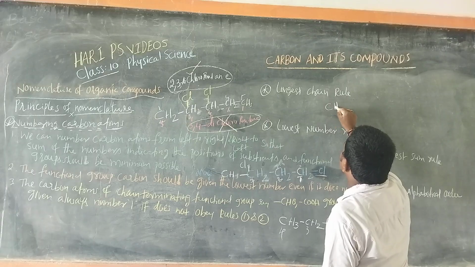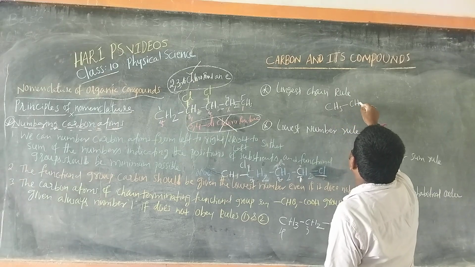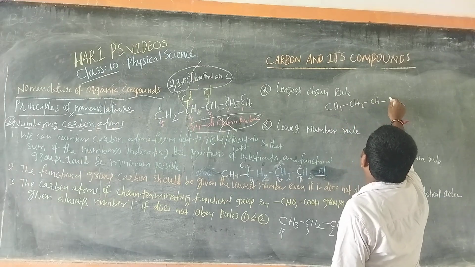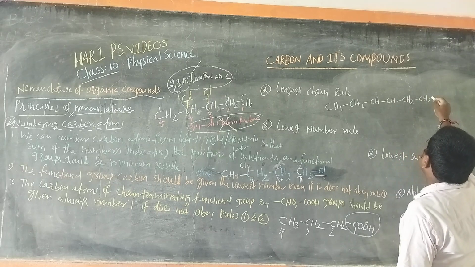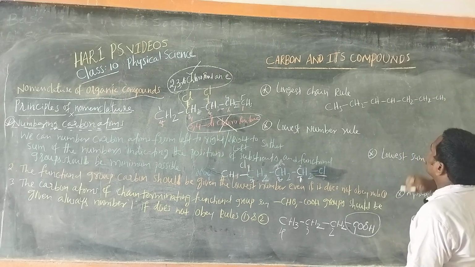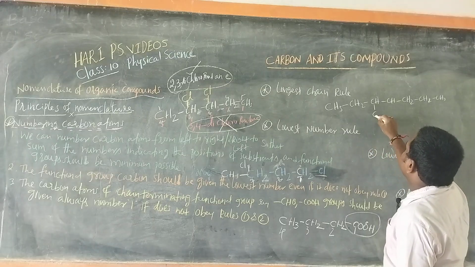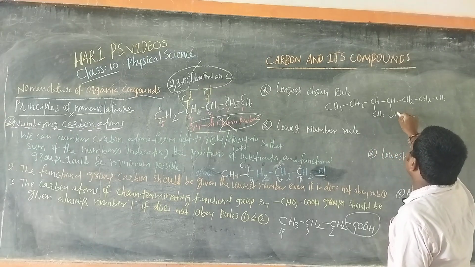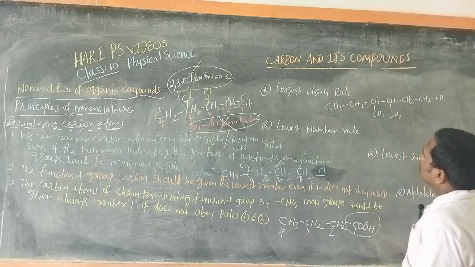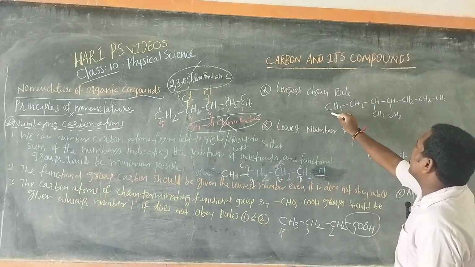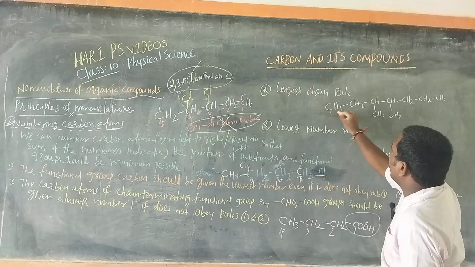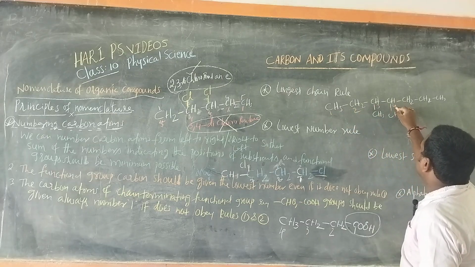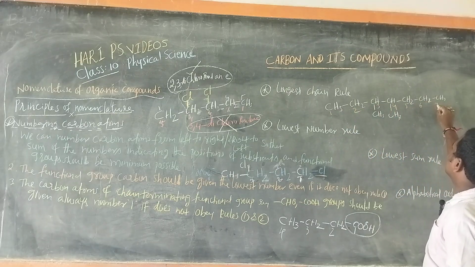So CH3, CH2, CH, CH, CH2, CH2, CH3. Here CH3, CH3. Always select the long chain. Give the numbers like this: 1, 2, 3, 4, 5, 6, 7.